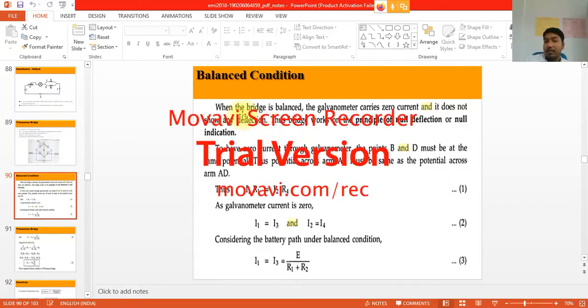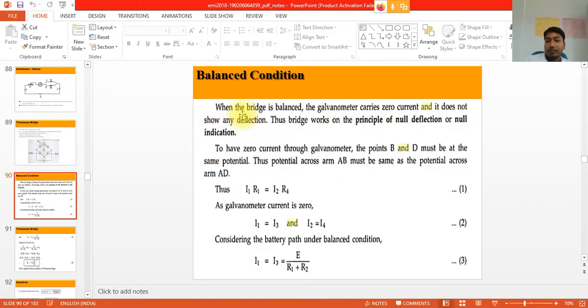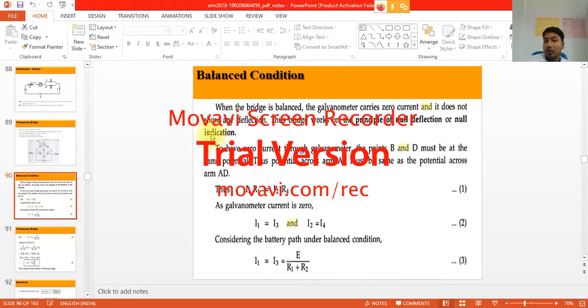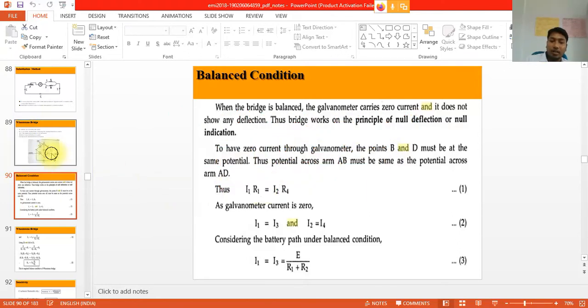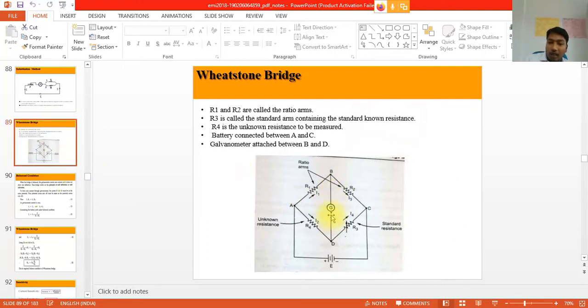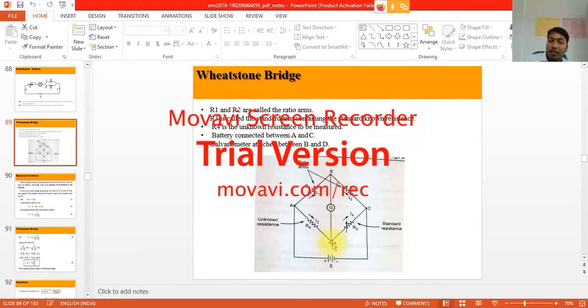Thus the bridge works on the principle of null deflection, or null indication. To have zero current through the galvanometer, points B and D must be at the same potential. If there is no current in the galvanometer, it means the potentials at B and D are the same.